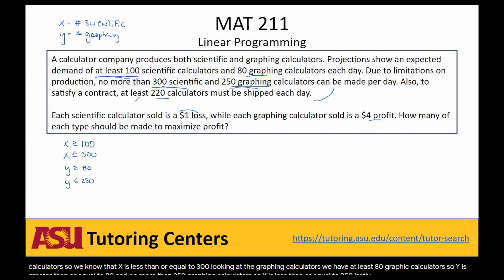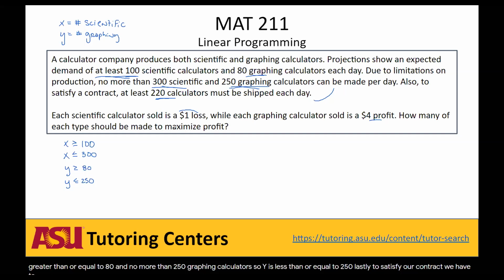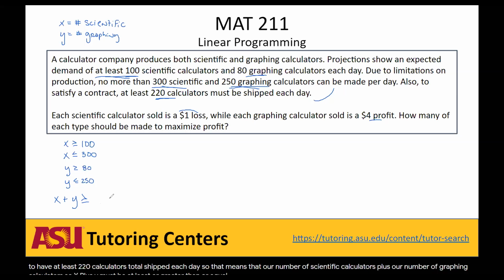Lastly, to satisfy our contract, we have to have at least 220 calculators shipped each day. So our number of scientific calculators plus our number of graphing calculators, X plus Y, must be greater than or equal to 220.